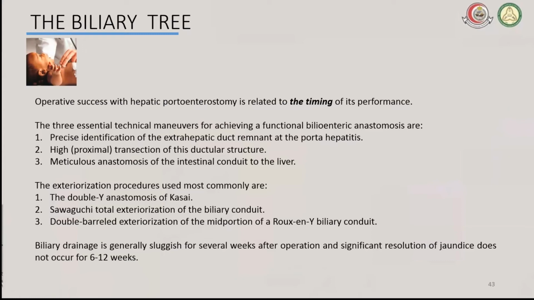In that case, maybe it is better to go for liver transplant if it is available in the center. Otherwise, we can give the chance of the portoenterostomy, and the failure rate would be higher if there is profound fibrosis or affection of the liver.